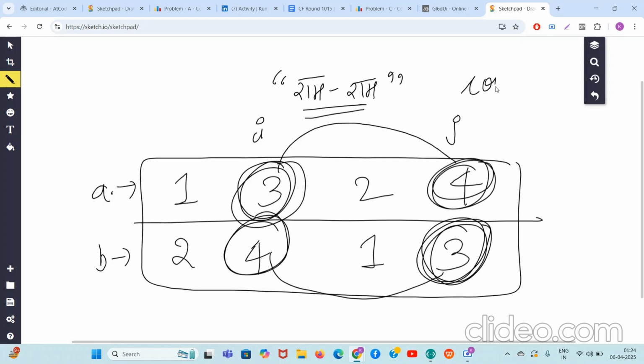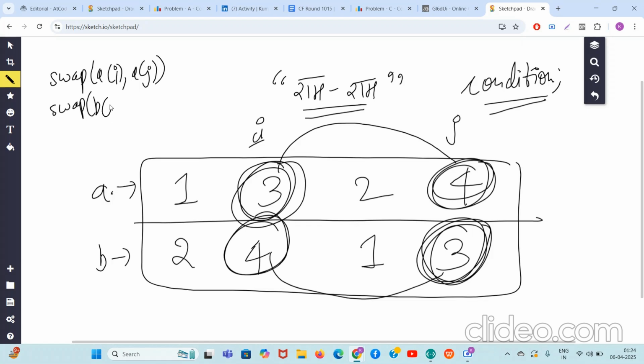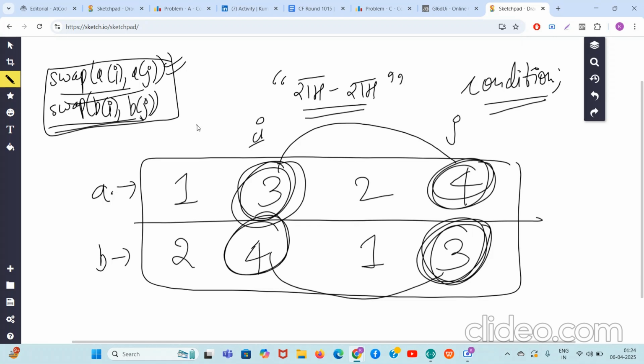So you should always remember this condition in this problem: when you select I and J, you have to swap A_i with A_j, and you also have to swap B_i with B_j. So how will you do that? Well, that's also pretty easy.